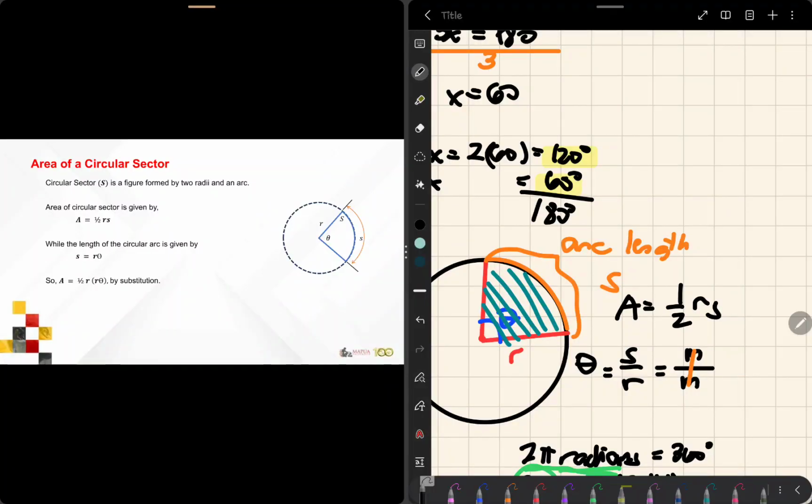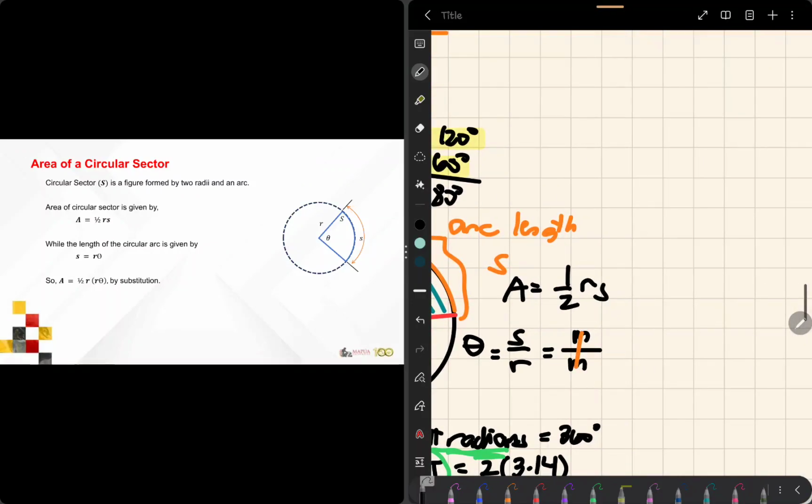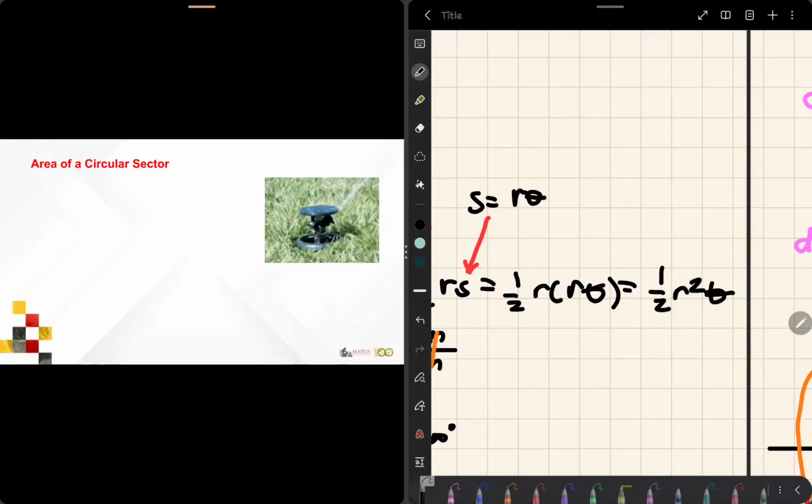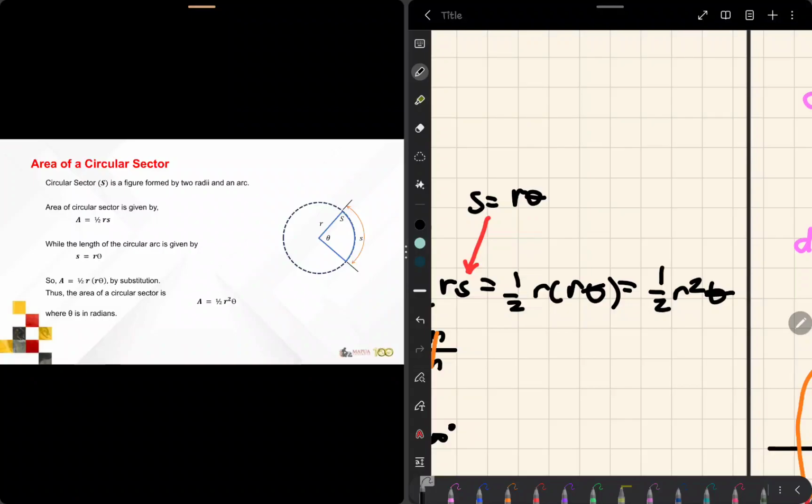So if we substitute S equal to R theta into 1/2 RS, we get 1/2 R times R theta. Therefore, the area is also equal to 1/2 R squared theta. Again, theta should always be in radians.